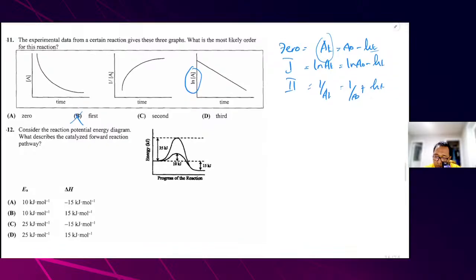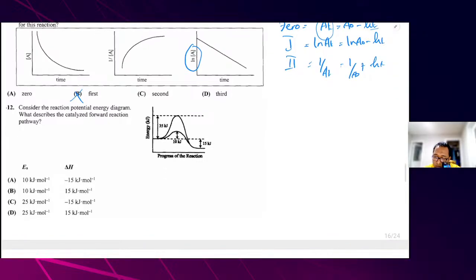Now let's move on to number 12. Consider the reaction potential diagram. What describes the catalyzed forward reaction pathway?